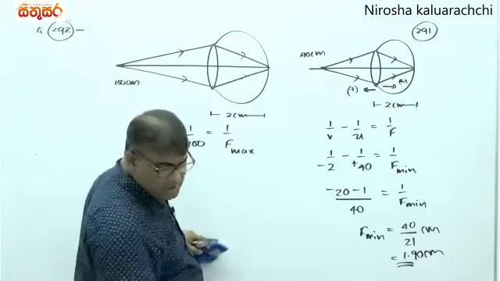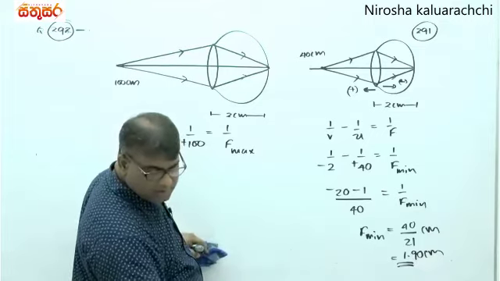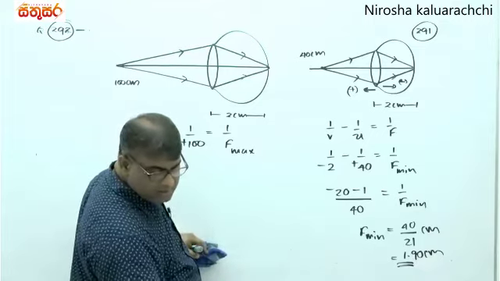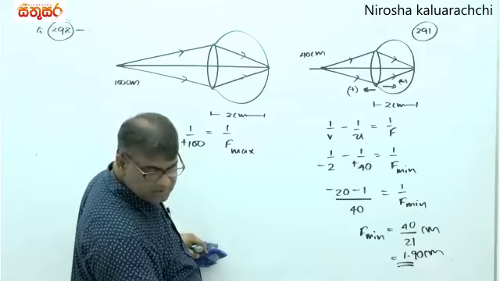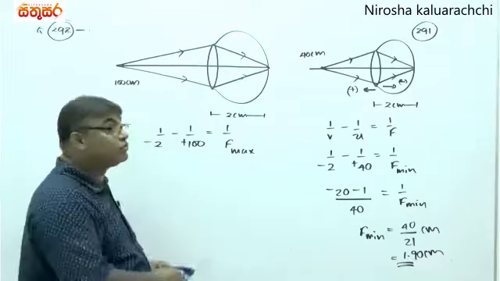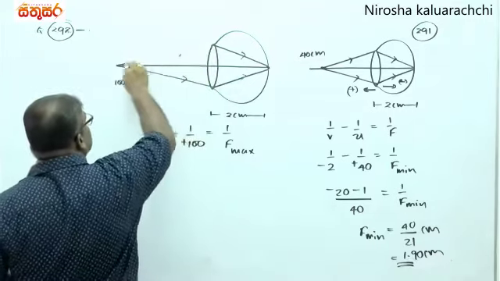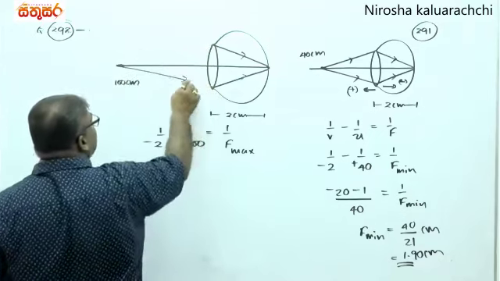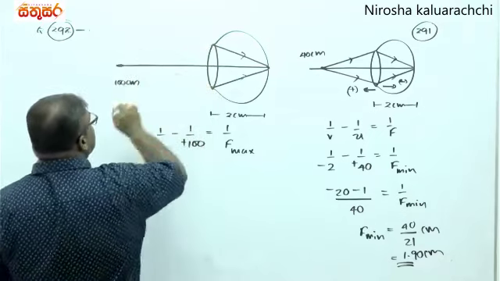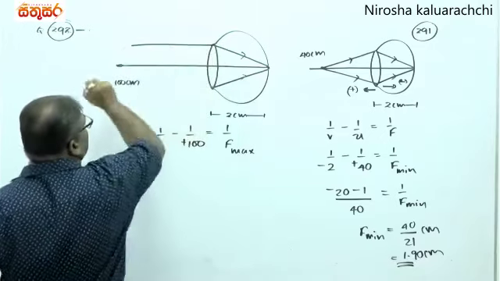This is mentioned in the normal eye. 292, find the maximum focal length of eye lens and minimum focal length of eye lens if the least distance of distinct vision 25 and diameter 2 centimeters. So then we have to keep this object. This objective distance should be infinity long distance. So beam of light parallel to the principal axis. This is the incoming one.